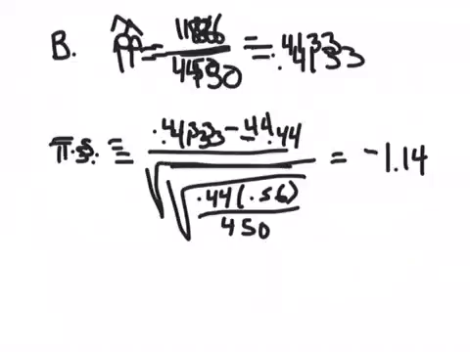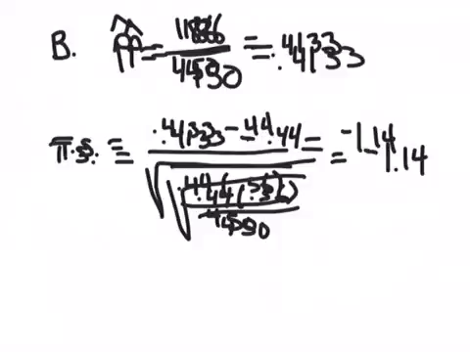So remember, we always use the population, right? 0.56, and divide that by 450. Now, do all that stuff, and we get a value of negative 1.14. So it's 1.14 standard deviations below the average.